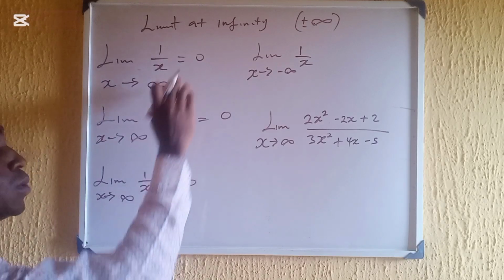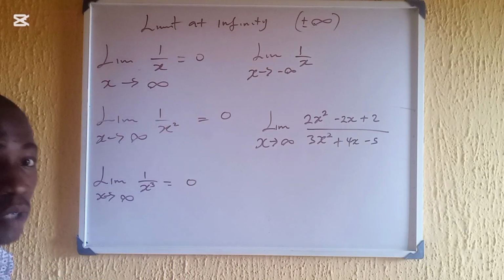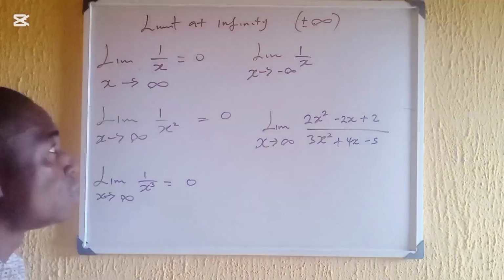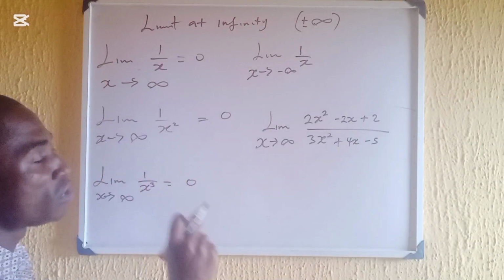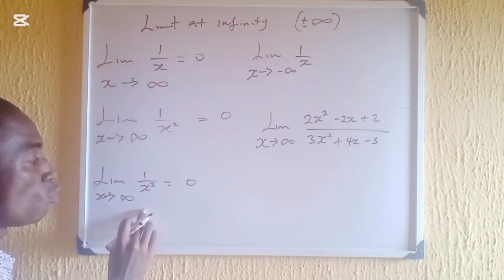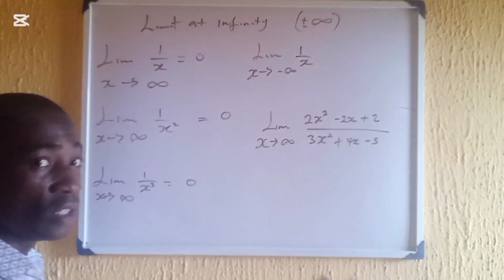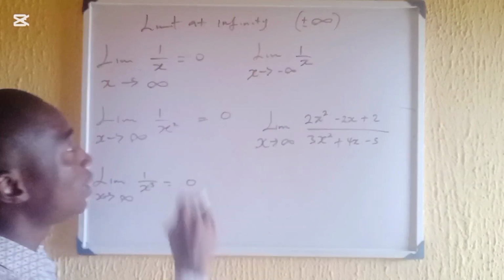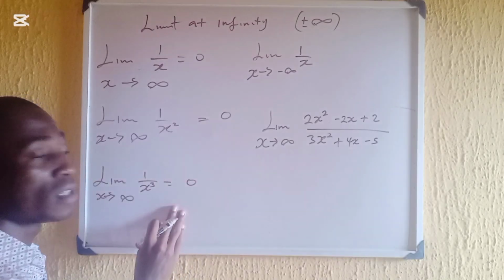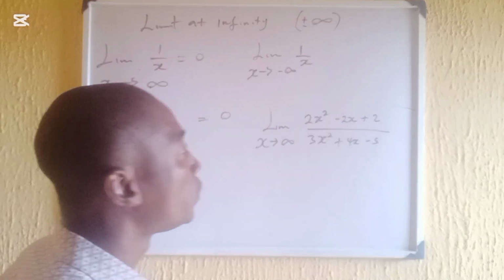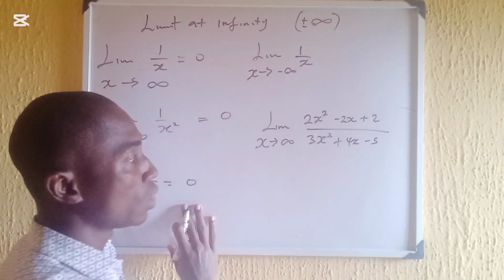The only difference between the three is the rate at which it approaches 0. This will be approaching 0 faster than this, and this will be approaching 0 faster than this, but all of them are tending to 0, which means that the limit of functions like this will give us what? 0.